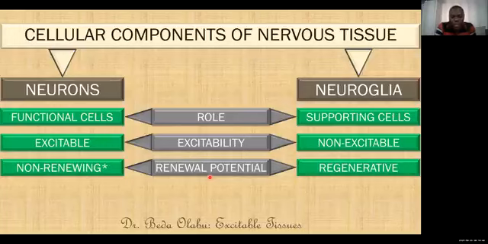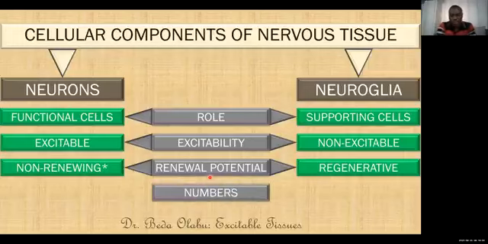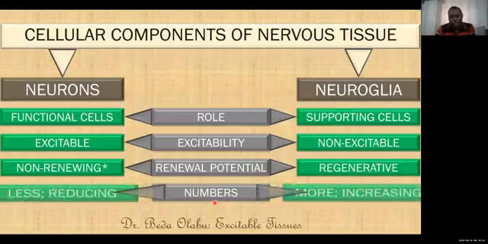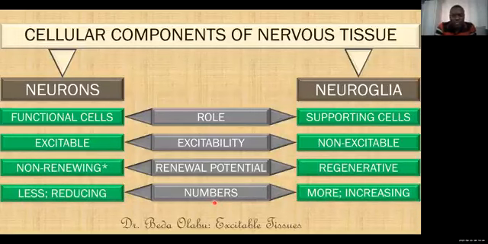That means they do regenerate themselves. Tailored to that is also the numbers of these cells. Neurons are fewer than neuroglial cells. At the time you're born, for every single neuron you have about 10 neuroglial cells. So even from the beginning, the neuroglial cells are more.